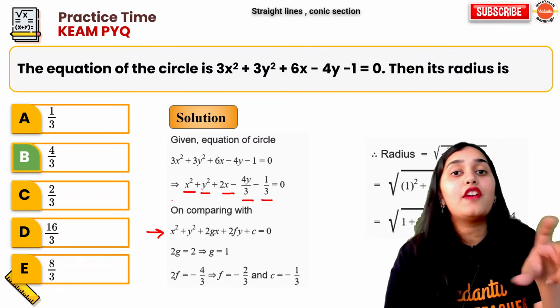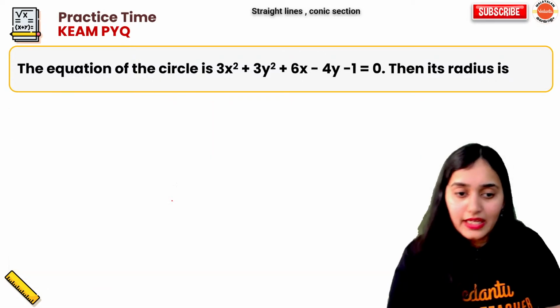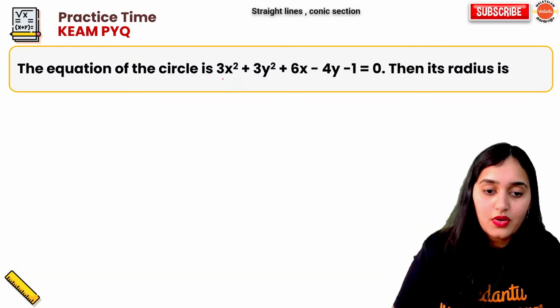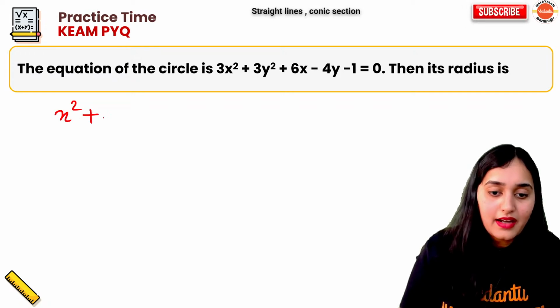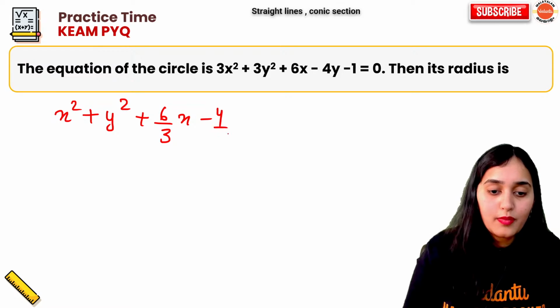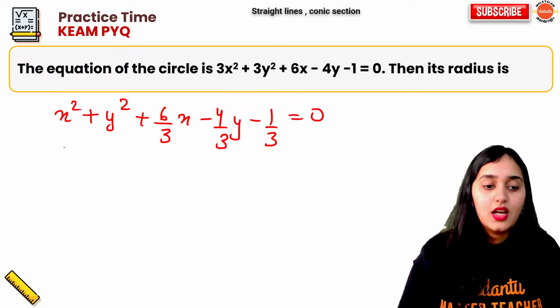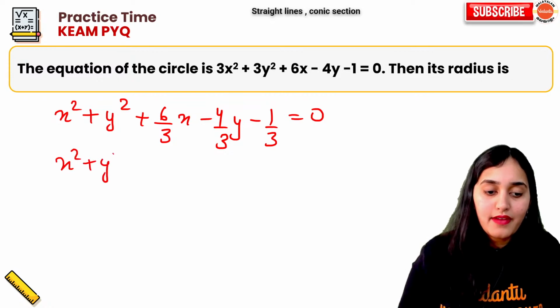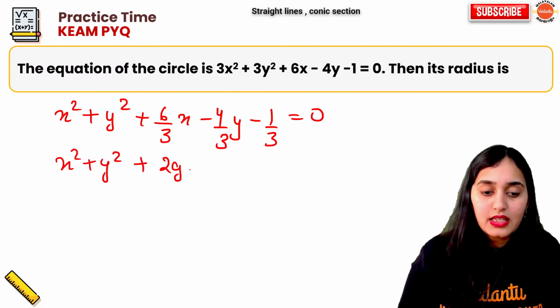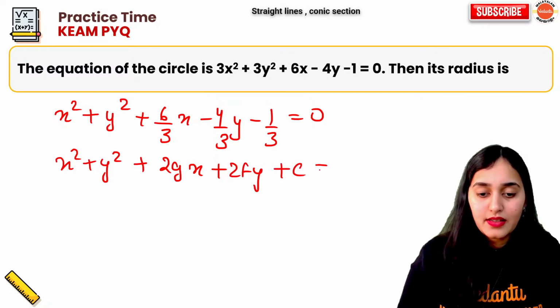I get the value of g, f and c. Okay, let me show you how. So suppose this is x square, y square, 6 by 3, 4 by 3, 1 by 3. Fine. Now I am comparing it to x square, y square, 2gx, 2fy plus c is equal to 0.